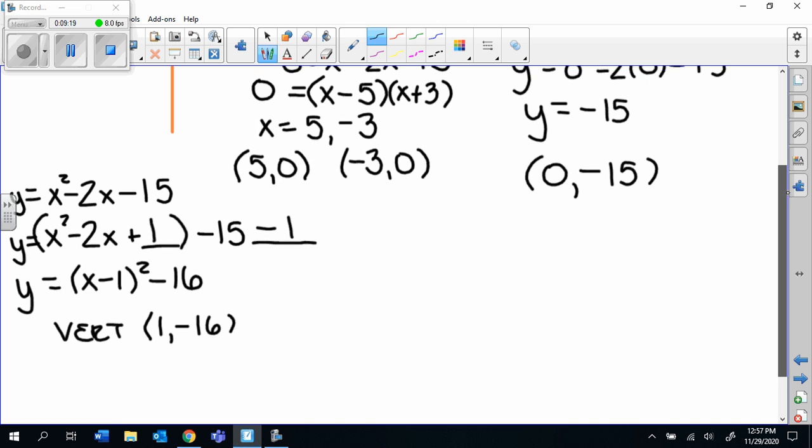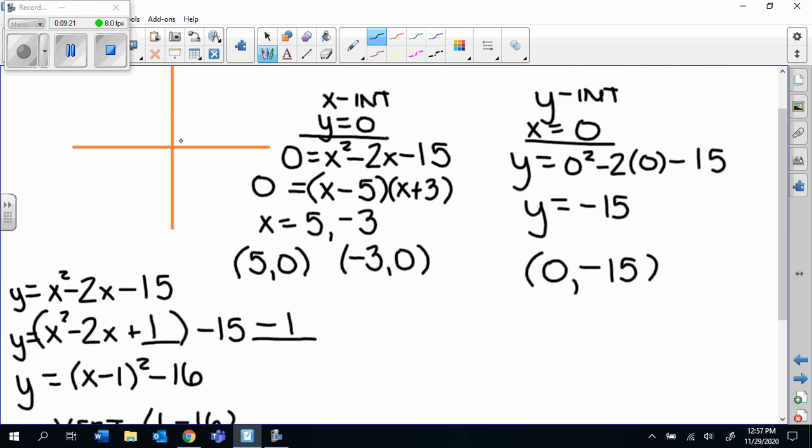And so if I really roughly sketch this and we imagine that this was at negative 16, and this was at positive 1, we would go all the way down here. That next point there, negative 15, would be where this crosses.